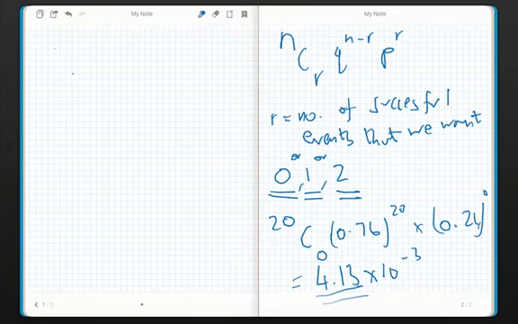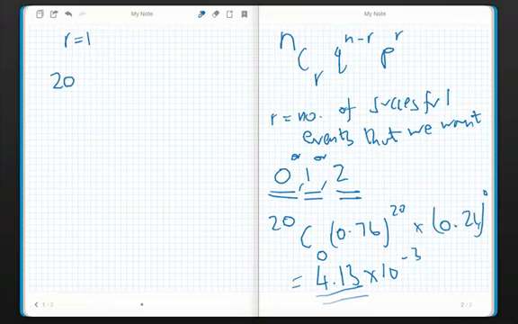So now we want to find the probability that the number of 5s is equal to 1. That is, r is equal to 1. One 5 is coming in those 20 trials.